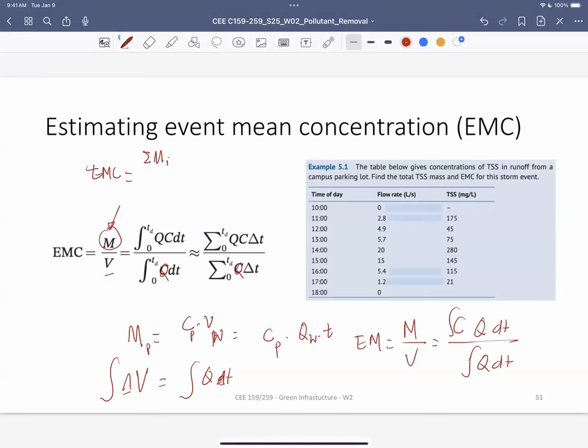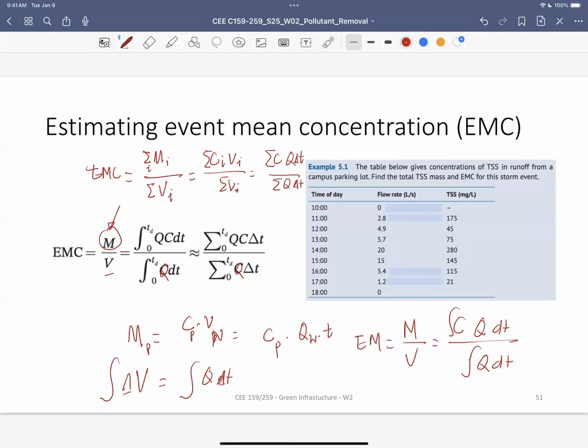EMC is the mass of pollutant for different samples, where I is the number of samples, by the volume of samples at different times, added together. So mass is basically concentration times volume, divided by total volume. And if you don't know the volume, you can calculate it as Q times delta T.